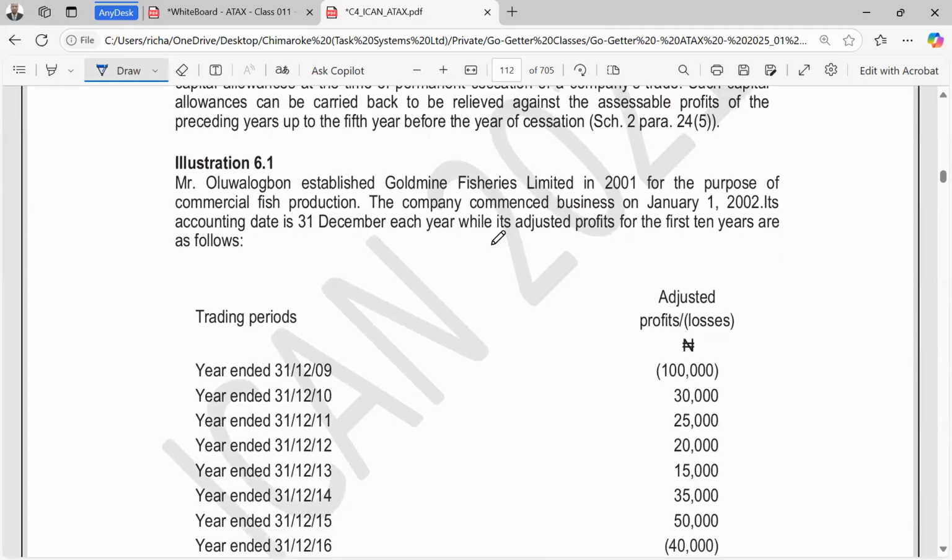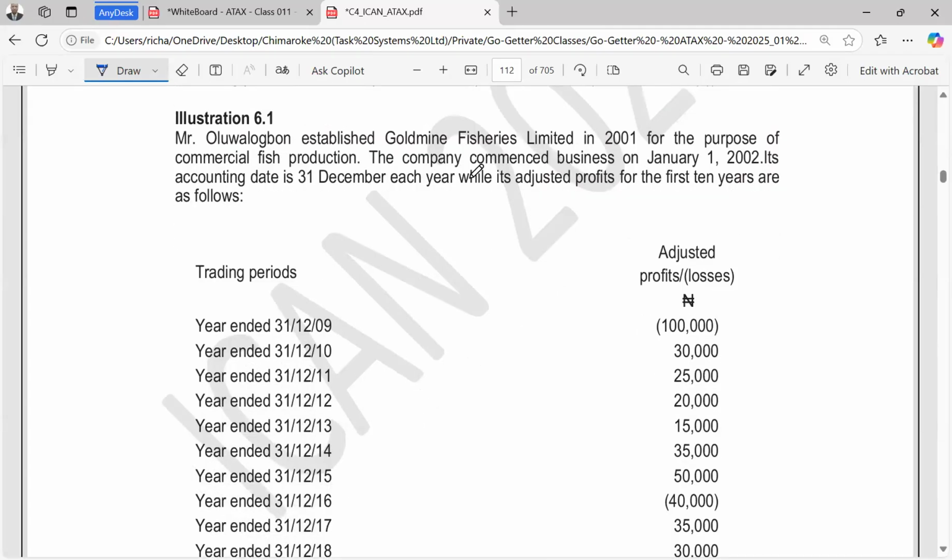All right, so that leaves us with illustration 6.1. Now, let us look at this question. Mind you, in this illustration, we are going to be going back to the old regime. Let me read the question so you can understand. Illustration 6.1. Mr. Oluwalogbon established Gold Mine Fisheries Limited.